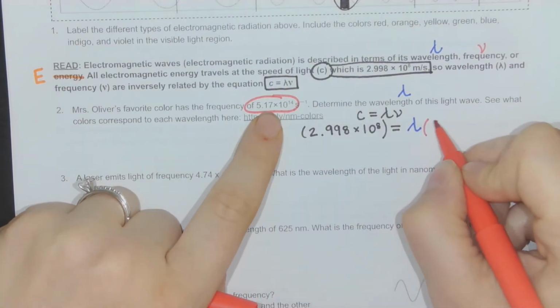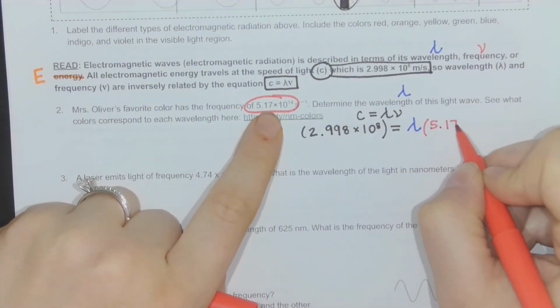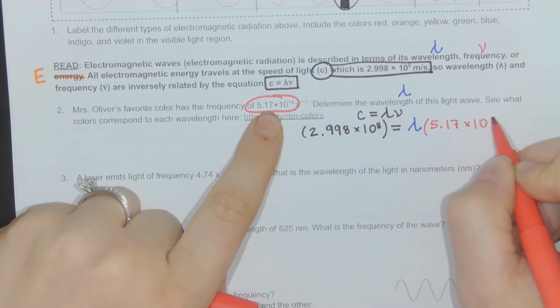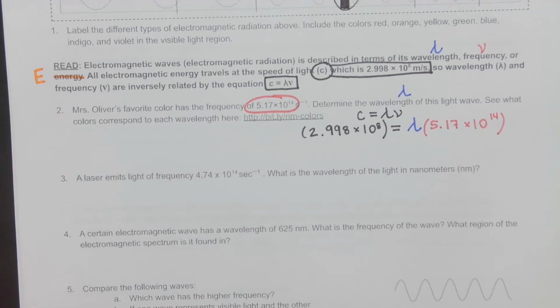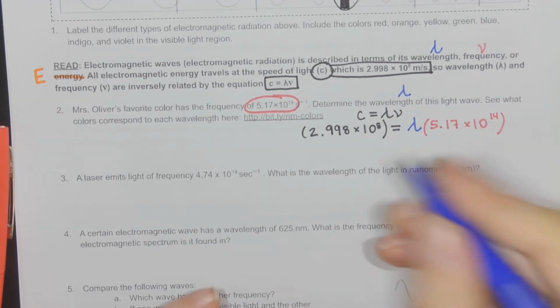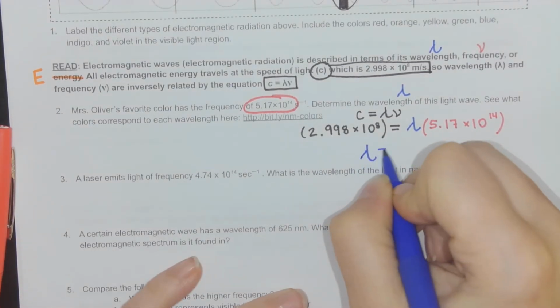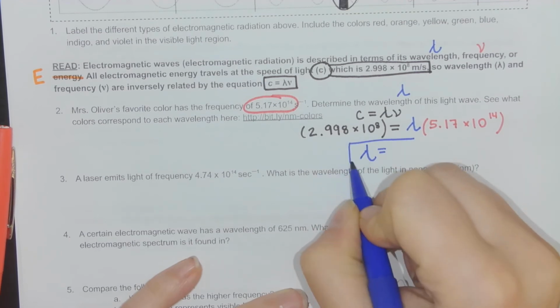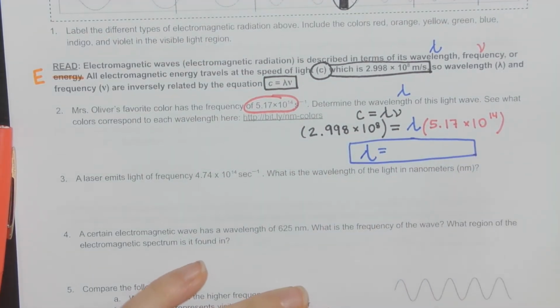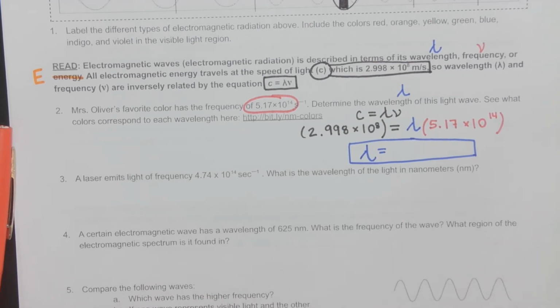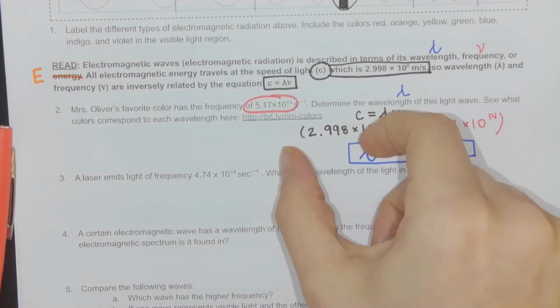It says it's a frequency of 5.17 times 10 to the 14th power. And I'm trying to rearrange this so that my final answer will be wavelength equals something. So I need to divide that over.